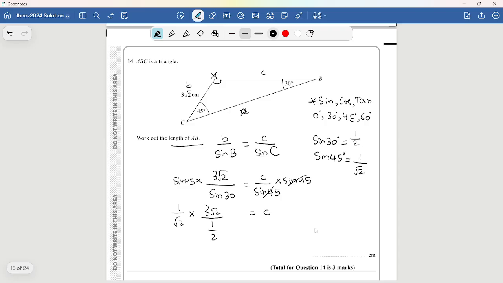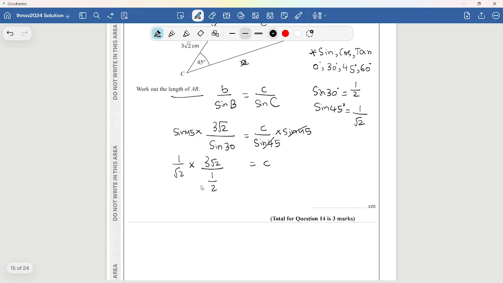Now how can we simplify this? It looks a bit weird. Well, you don't have to worry about that. So I can write it in a little better way. So half, 1 over root 2 times 3 root 2. Now there is a denominator which has a fraction. So this can be brought here and written in the numerator by making it its reciprocal.